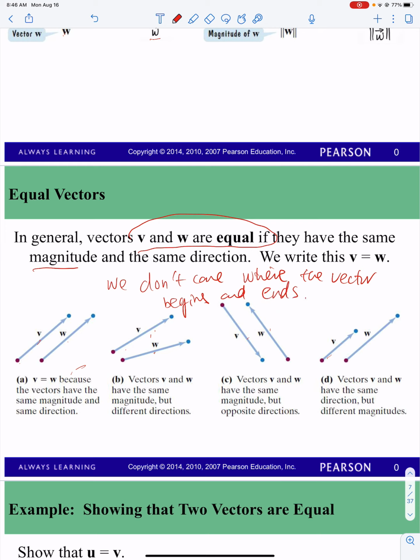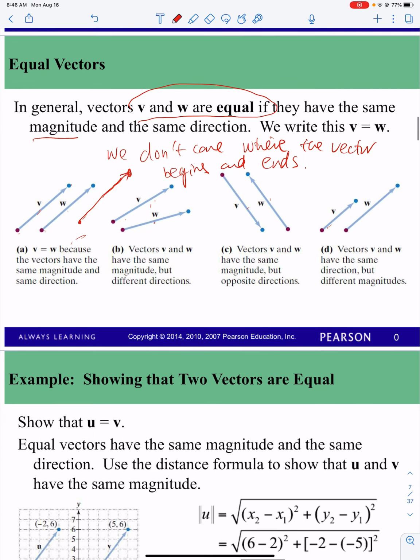You with me? You can start here, here, here, or even from here to here. As long as it has the same magnitude and the same direction, they are the same. So it does not matter where it starts and where it ends.